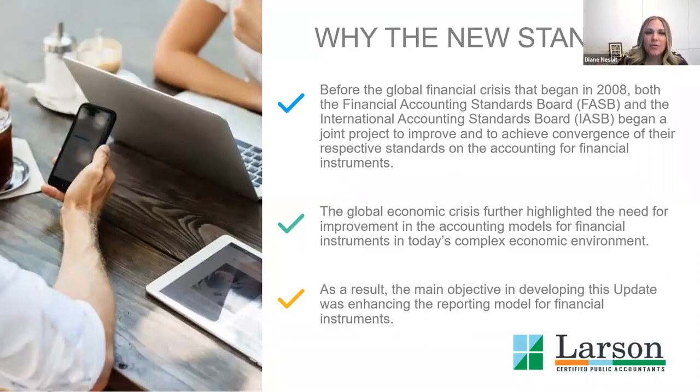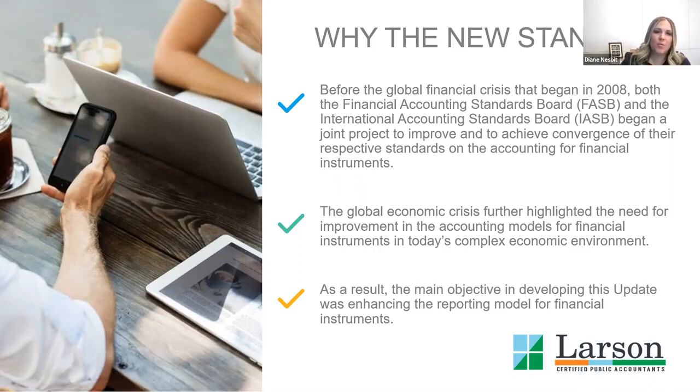So before the global financial crisis that began in 2008, both the FASB and the IASB began a joint project to improve and to achieve convergence of the respective standards on the accounting for financial instruments.